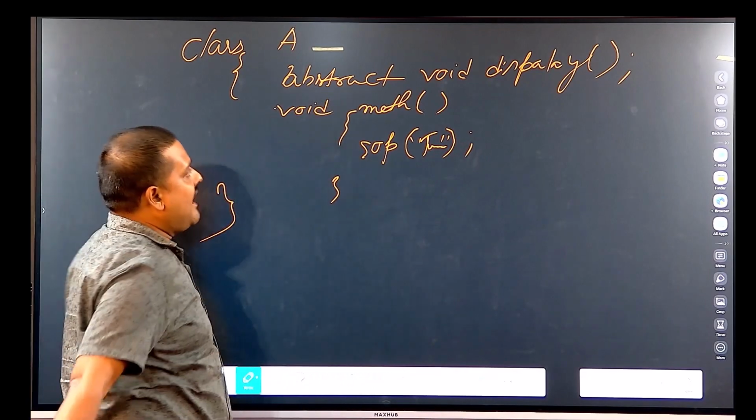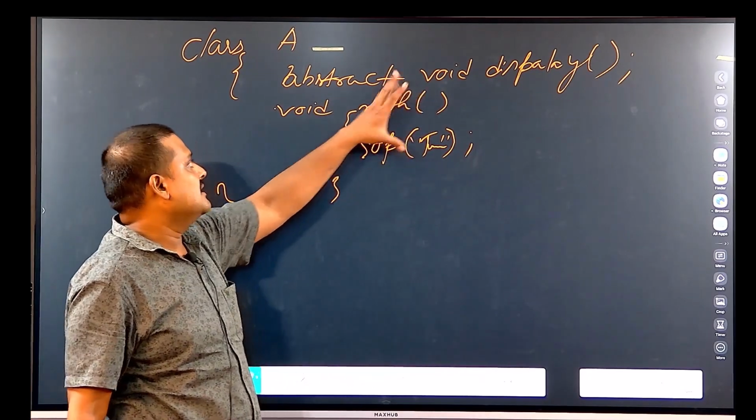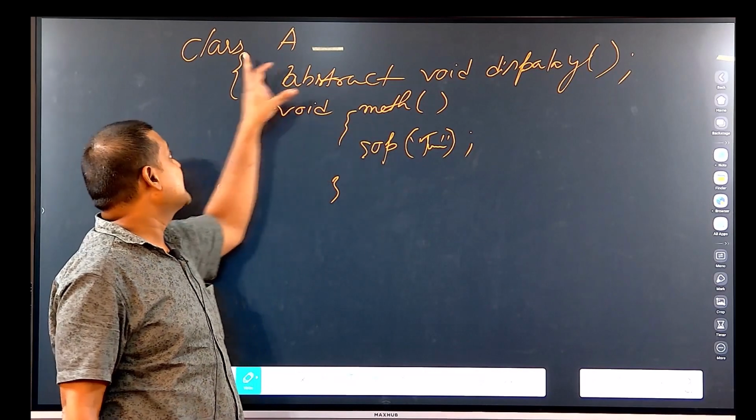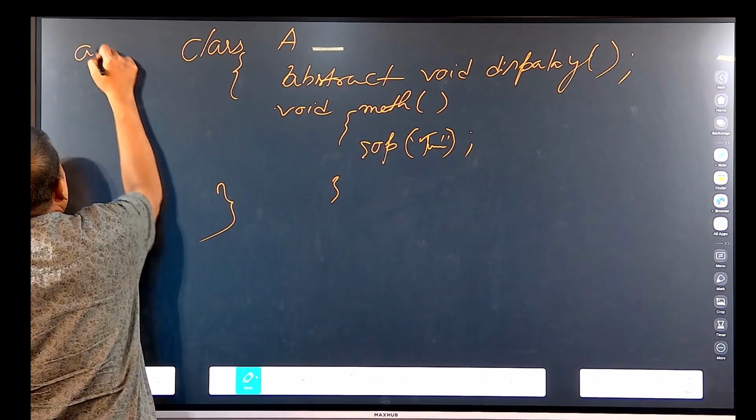If a class has an abstract method, and the other method is a non-abstract method, then this class must be declared as abstract.